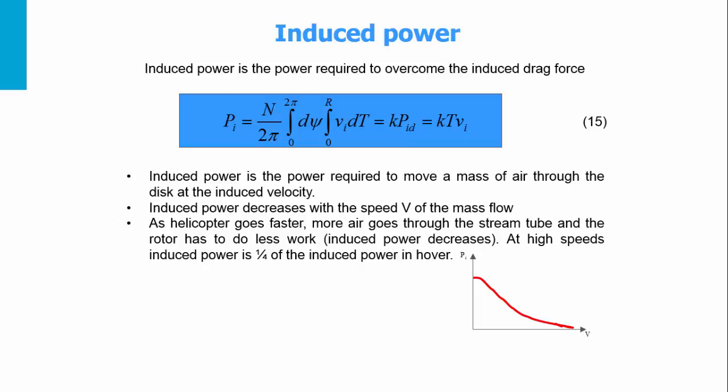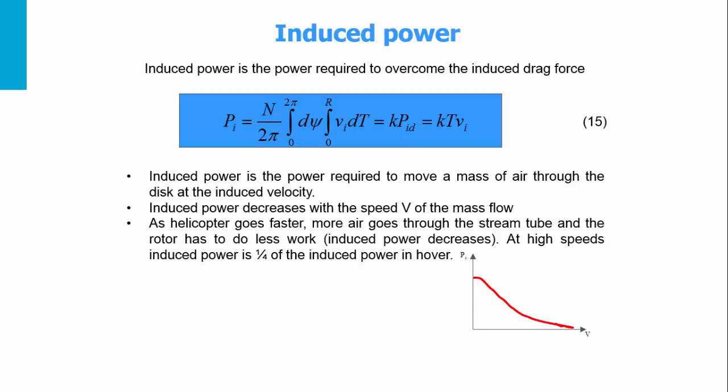Usually, we take the K coefficient to account for the non-uniformity of the blades so that finally the induced power in forward flight is calculated exactly as in the hovering flight as KTVi.